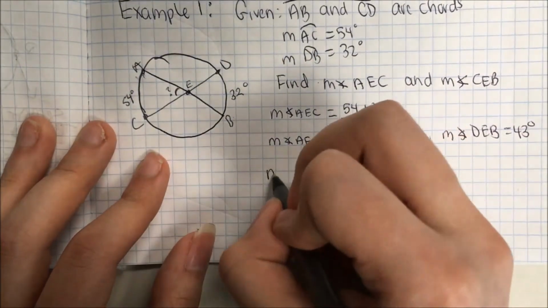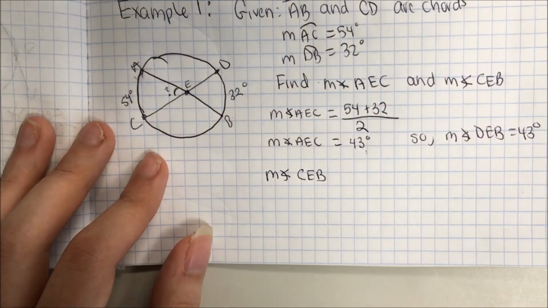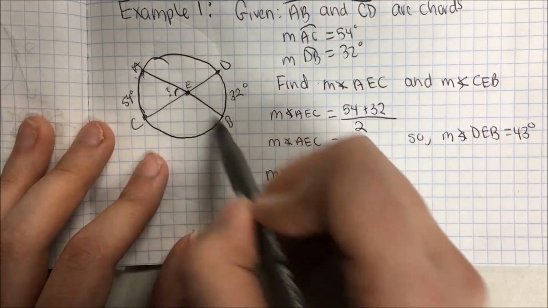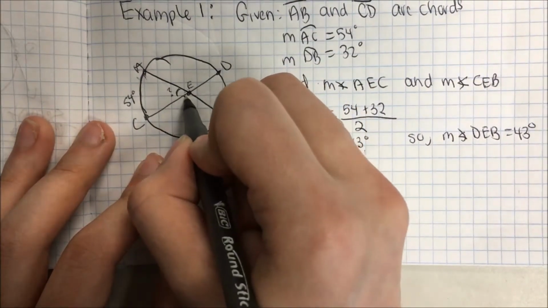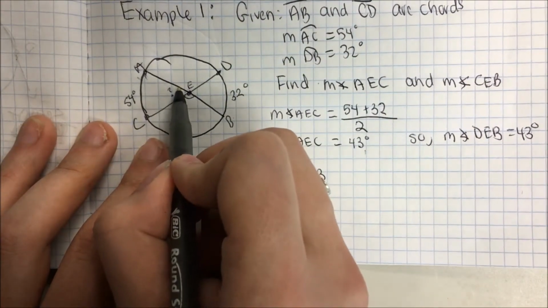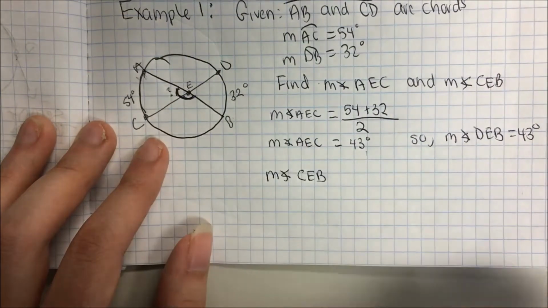So now we need to find the measure of angle CEB. So CEB is this angle here. And we see that the angle AEC that we just found is 43, and angle CEB make a straight line, so we know that's going to be 180 degrees.